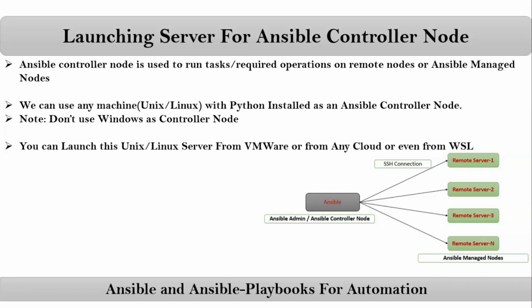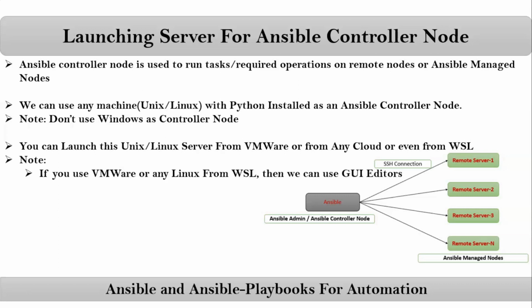You can launch this Unix or Linux server from VMware, from any cloud, or even from WSL. If you launch your server from VMware or from WSL, Windows Subsystem for Linux, then we can use GUI editors instead of command line editors like VI or VIM.